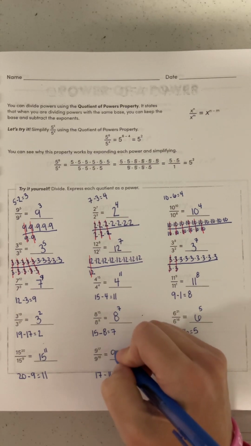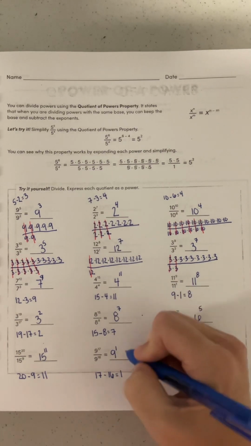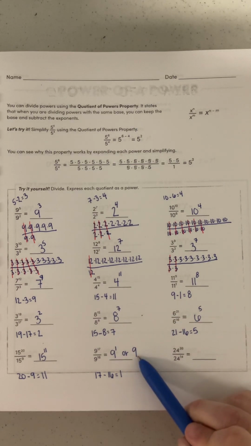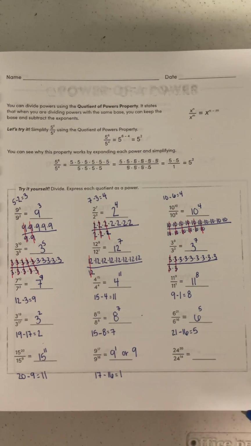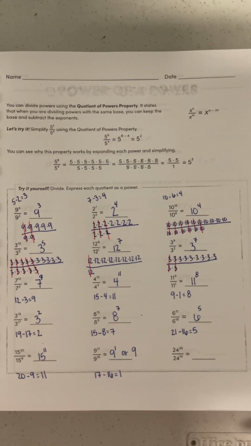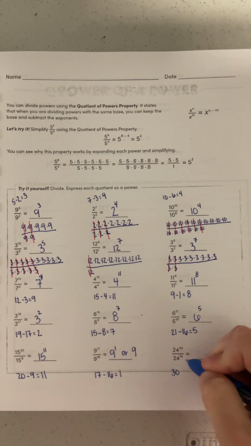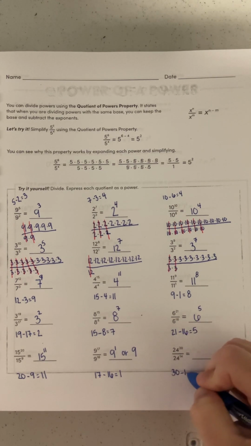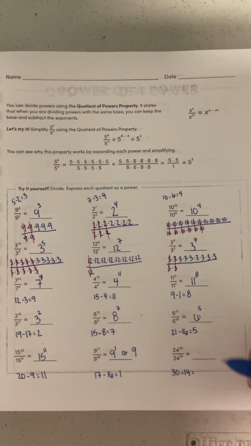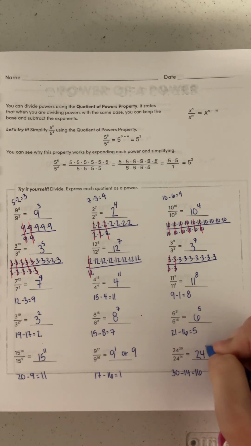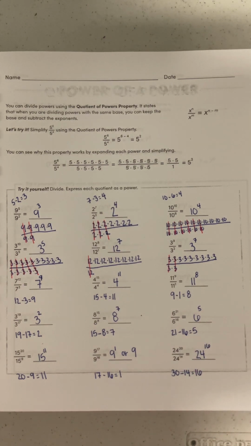You can write this answer as 9 to the first power, or you can simply write it as 9. 9 with no exponent is also 9 to the first. Either answer is correct. For our last problem, we have 30 as our numerator exponent and 14 as our denominator exponent. Subtracting gets us a value of 16. 24 is our base number and 16 is our new exponent.